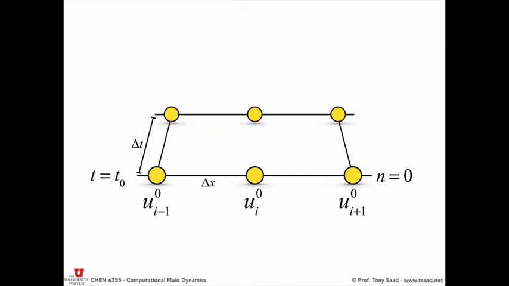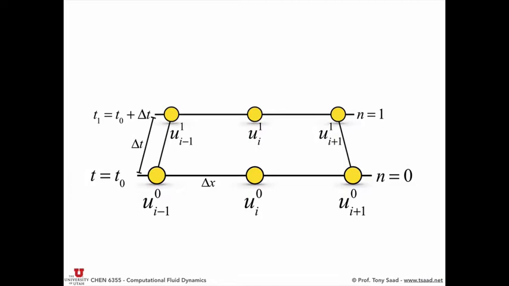We're going to move all points in time a distance delta t, so that our new time level t1 is the previous time level plus delta t. And we're going to assign that time level n equal 1, so that our solution variables, which started as ui0, are now ui1. How we went from here to there, that's the recipe of the time integrator. What is the relation between ui1 and ui0? That is going to be part of the time integrator recipe.